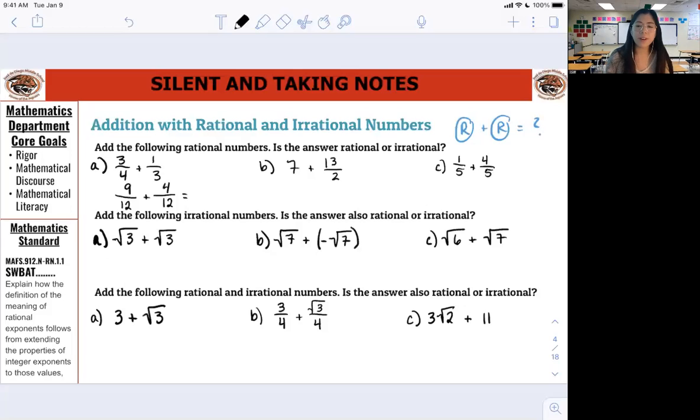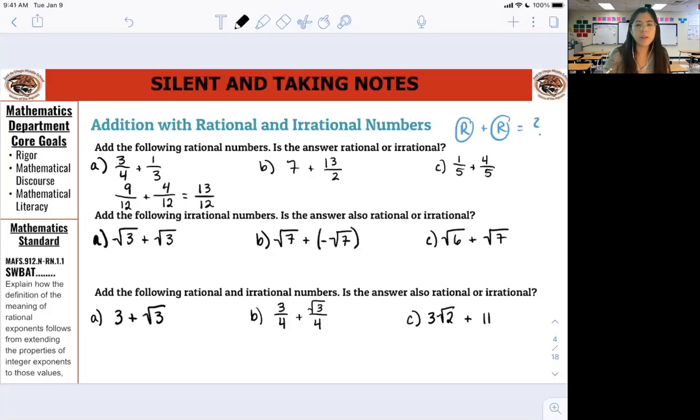So 9/12 plus 4/12, how many 12ths do I have? We're adding those 12ths up. 9/12 plus 4/12 is 13/12.